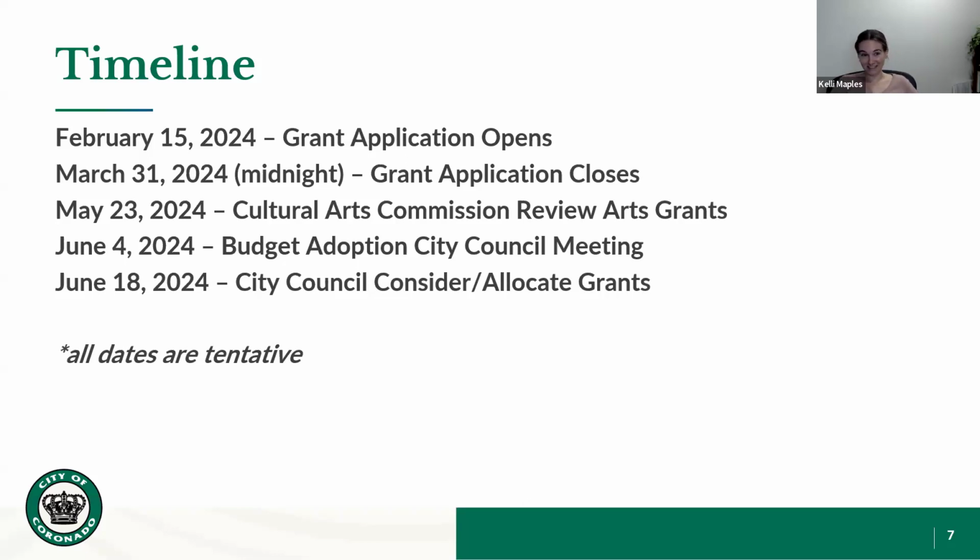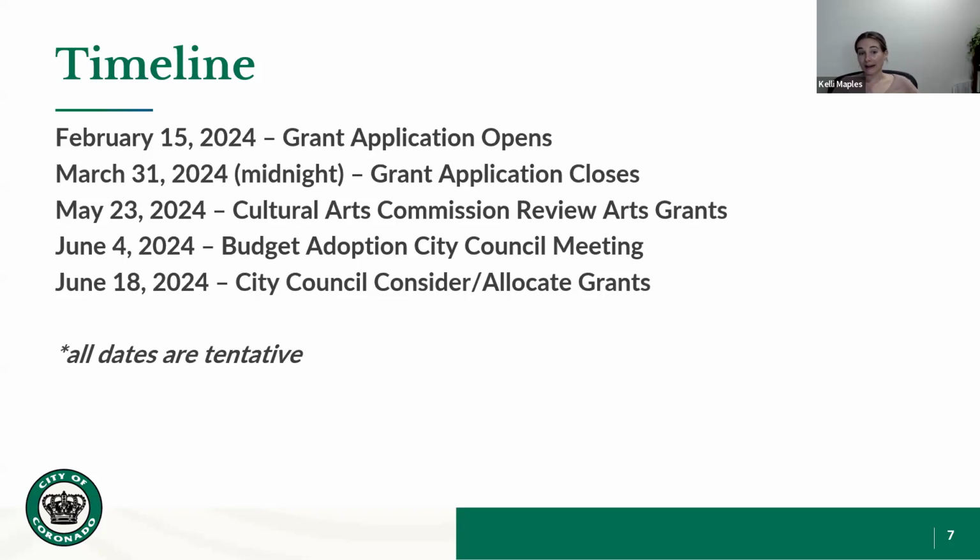If there's anything catastrophic happening, I can't guarantee that I'll be able to help you, but that is when it officially closes. On May 23rd, the Cultural Arts Commission will review the arts grants. This is an annual process where the Arts Commission reviews the grants and gives input to then go to the City Council. On June 4th, the City Council will adopt the city's budget. At that point, we will know exactly how much funding is available for the year.